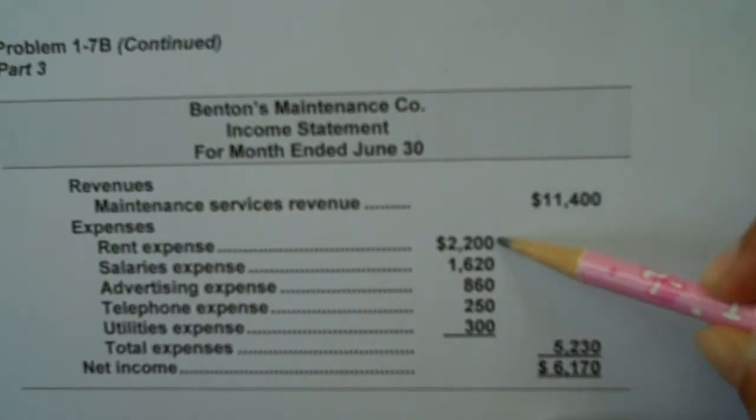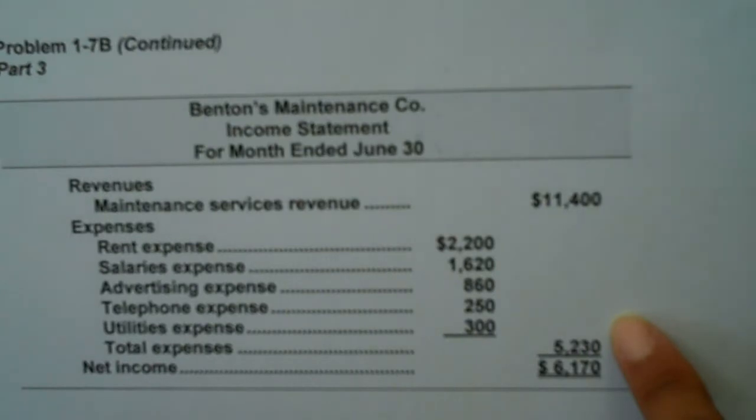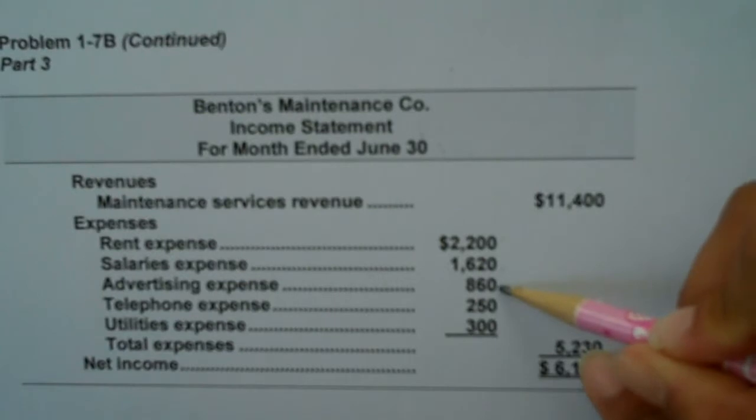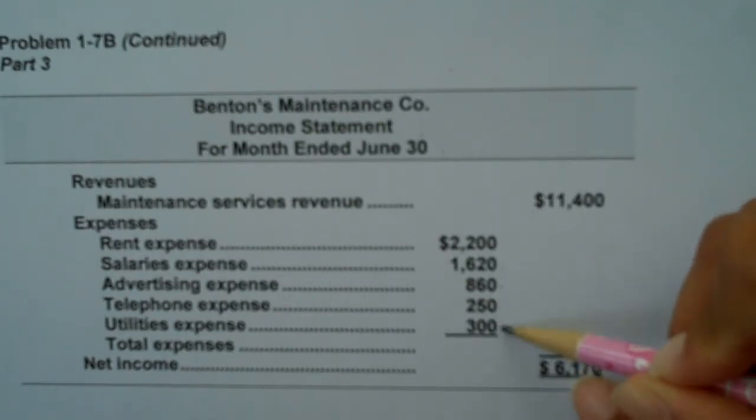Rent expense, the $2,200, that occurred on June 2nd. The $1,620, that's the sum of the two amounts of $810 that were paid to your assistant. Next you had advertising expense, which also was the sum of $780 and $80. You had telephone and utilities.